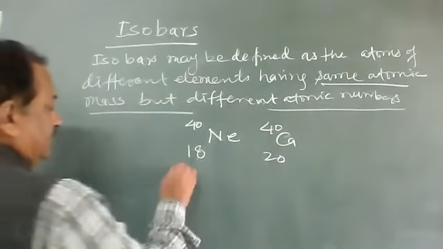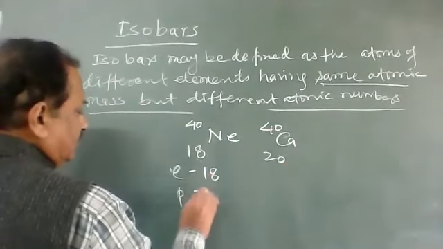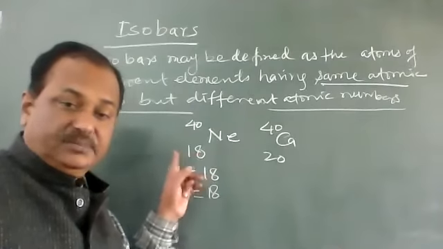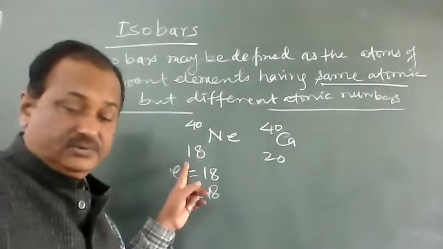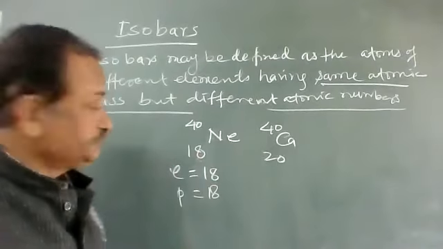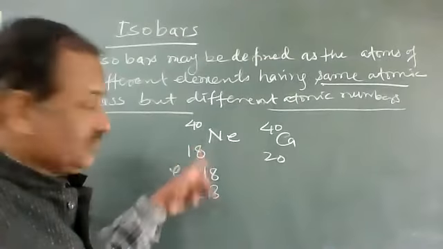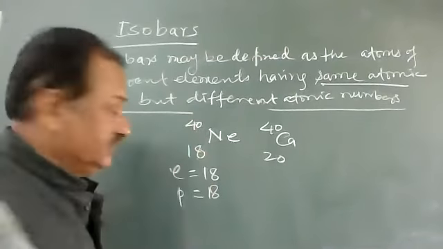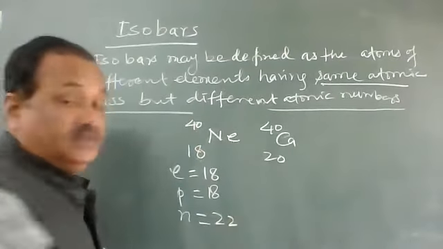See here, electrons are 18, protons are 18. This is the atomic number, so it is equal to electrons and protons. Electrons and protons are the same in an atom. So 18 will be both. So this is A. We have to subtract 18 from 40, so the number of neutrons will be 22.